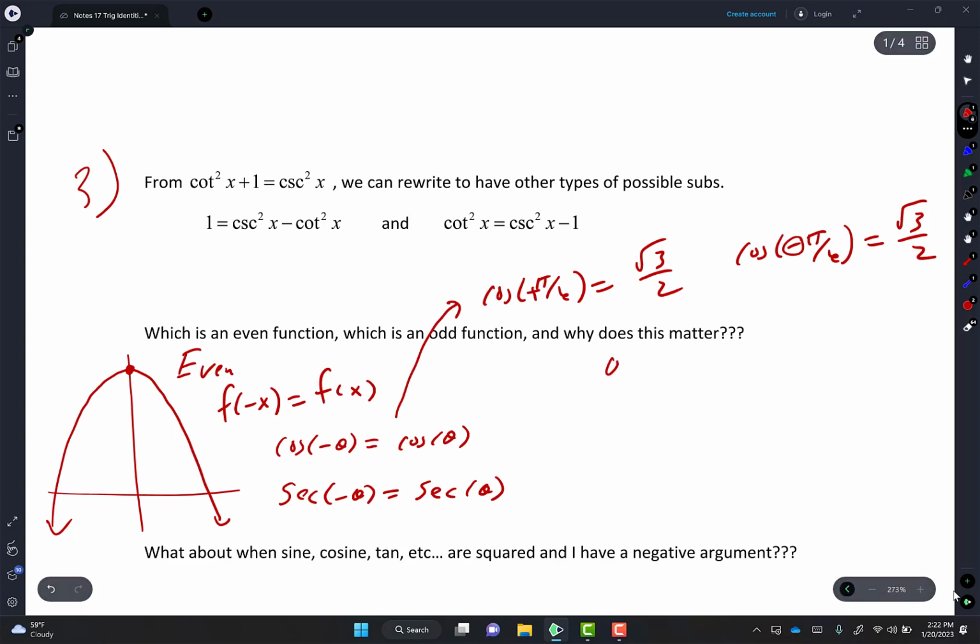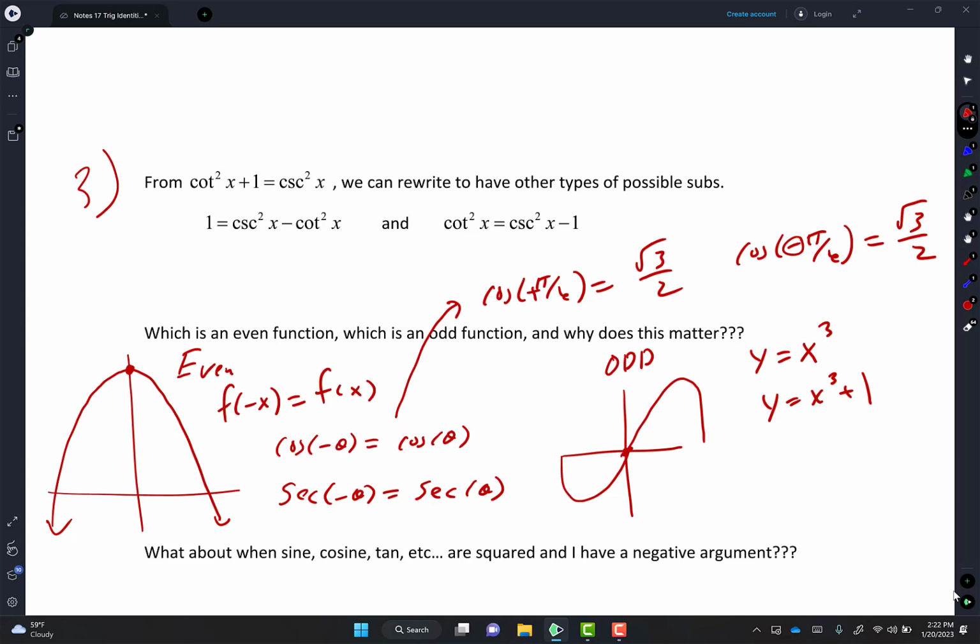All right, so what is an odd function? An odd function is symmetric about the origin. That means it must go through the origin. So when you were in Algebra 2, y equals x cubed is an odd function because it goes through the origin. But y equals x cubed plus 1 is not an odd function, even though x cubed is an odd power.